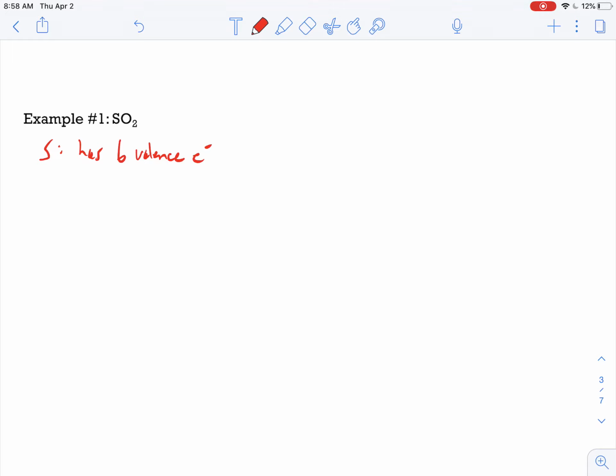Because it has 6 valence electrons, that's going to tell us that we're going to need 2 more. When we look at our first oxygen, oxygen is also in group 16, so that means it's going to have 6 valence electrons as well, and it also is going to need 2 more.